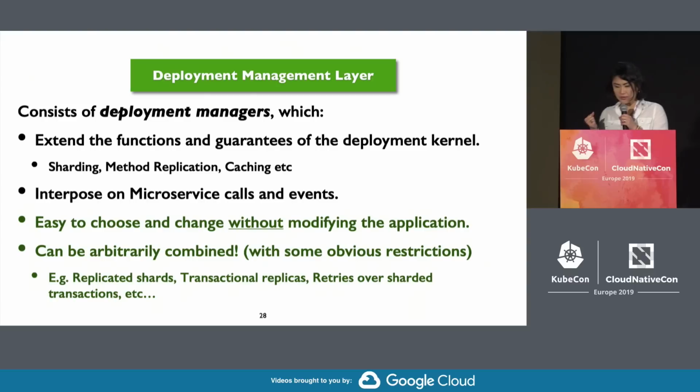They can also shard a microservice and route RPCs to the correct shard. And this interposition is completely transparent to the microservices themselves, because it happens before the RPC reaches the microservice.